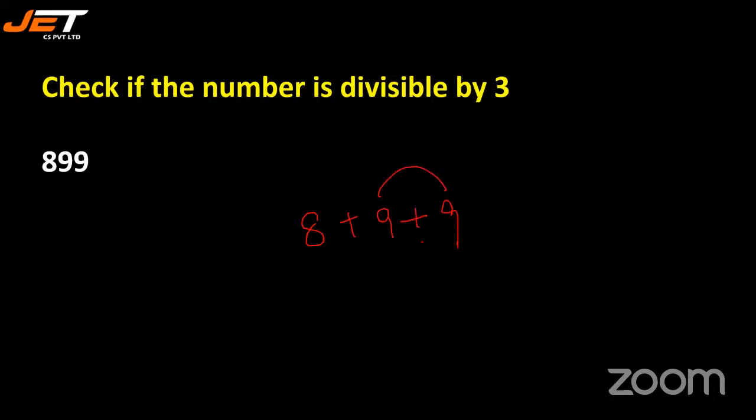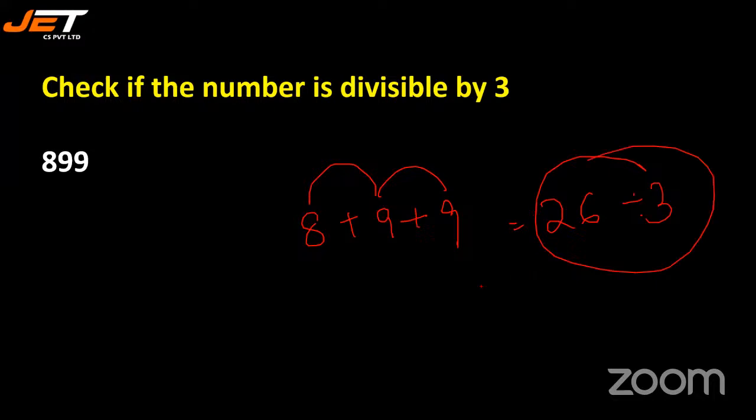Okay. 9 plus 9 is 18. 18 plus 8 is 26. Is 26 exactly divisible by 3? 3 sevens are 21, 3 eights are 24, 3 nines are 27. No, it is not exactly divisible by 3. Right? So that is why 899 is also not divisible by 3.